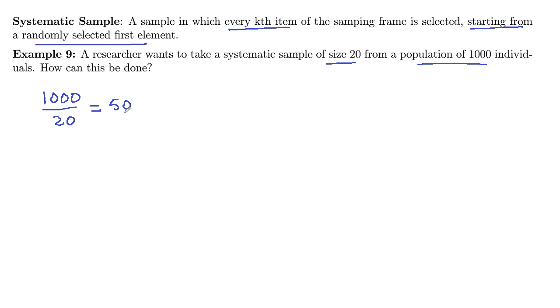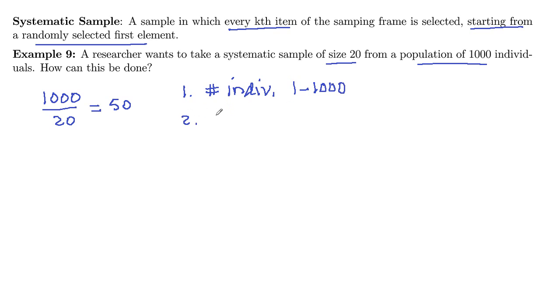So that's saying here that we're going to have to select every 50th item, or in this case, every 50th individual. So our first step here would be to number the individuals from 1 to 1,000.